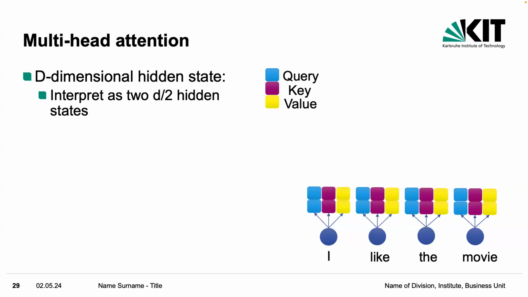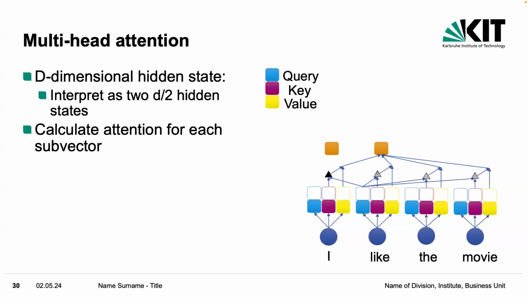You can do the same for the key, and for the value. So you now have two pairs of query, key, and value, and you achieve this by just interpreting your linear transformation in this way. And then you can do the calculation we had before.